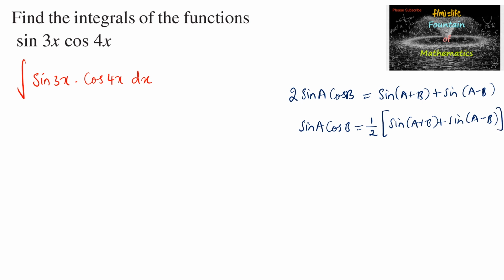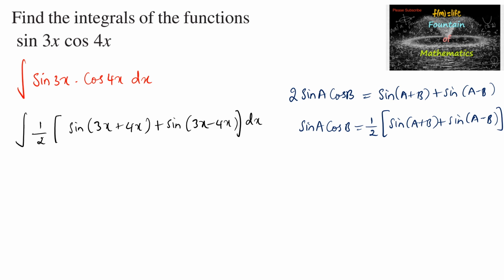So here we can write integral 1 upon 2 times of sine of (3x plus 4x) plus sine of (3x minus 4x) dx.